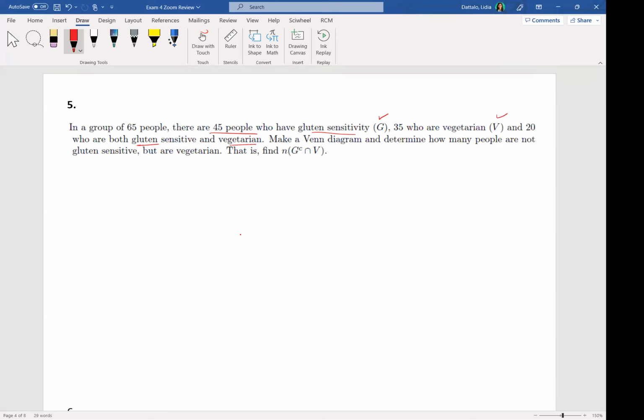Okay. Because there is a group of 65 people, that's my total space. Gluten-free, the event G, is 45. The event V is vegetarian, 35, and 20 are both.